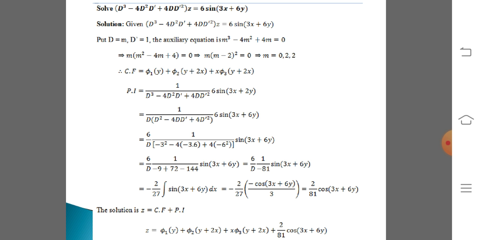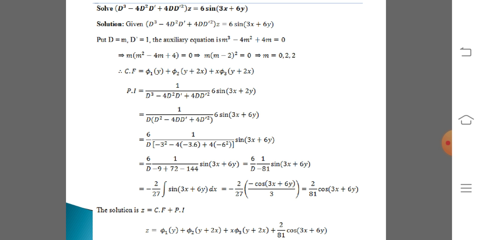This is also a cubic equation in m, but look at the terms, all the terms have m in it. That means m is a common factor among all the terms in the auxiliary equation. So, if m is taken out from all the terms on the left hand side, we have m into m square minus 4m plus 4 equal to 0, but m square minus 4m plus 4 is nothing but m minus 2 whole square.